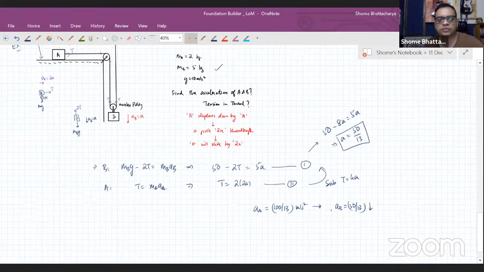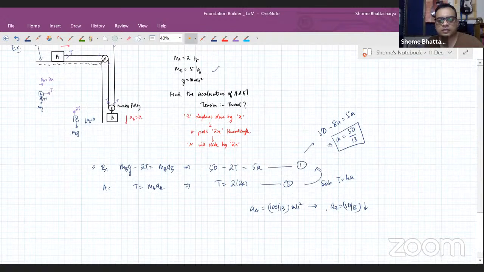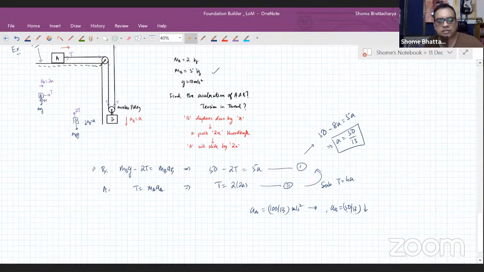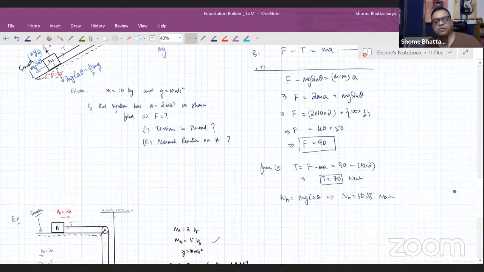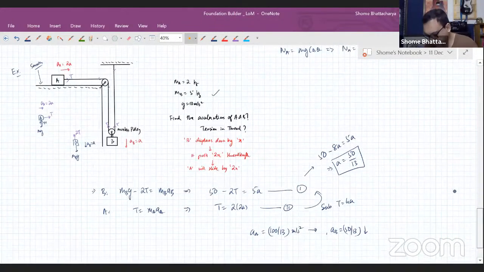So some of you have solved this numerically and further got the answers in approximate form. I'll just verify that for you.